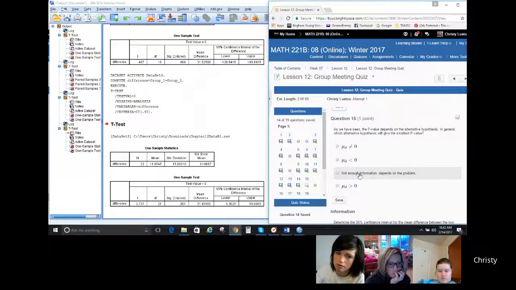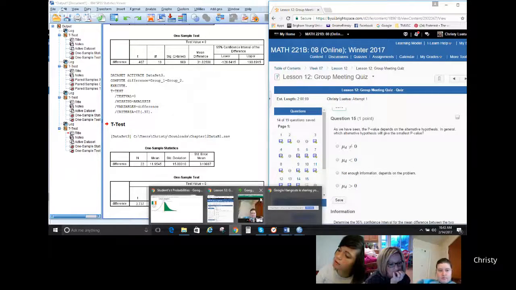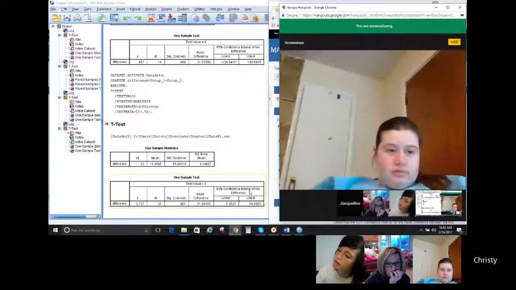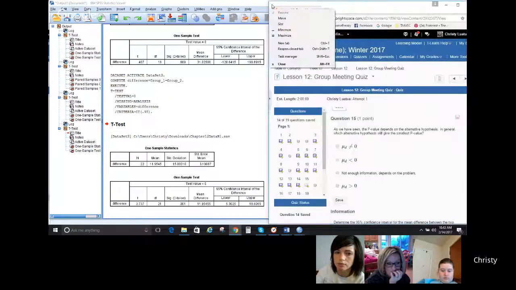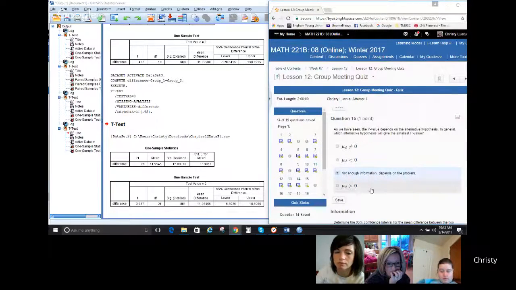And what the t-score is. Which alternative hypothesis will give the smallest p-value? It's either not enough information or I would think it's less than 0, because if that one's true, then it's going to be less than 0. I'm not sure.